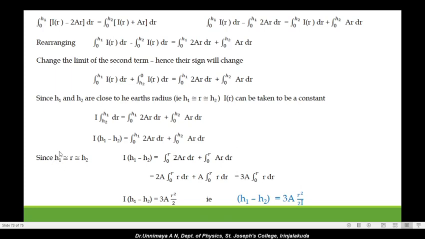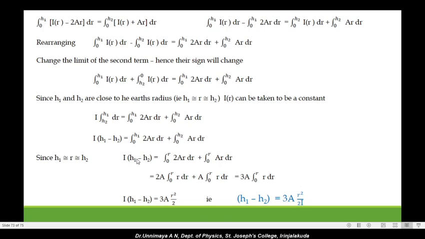Since we consider h1 is approximately equal to r, and h2 is approximately equal to the Earth's radius, we can replace this h1 and h2 with r.